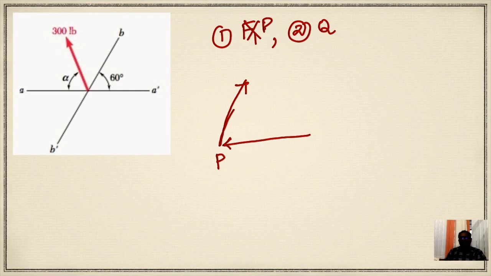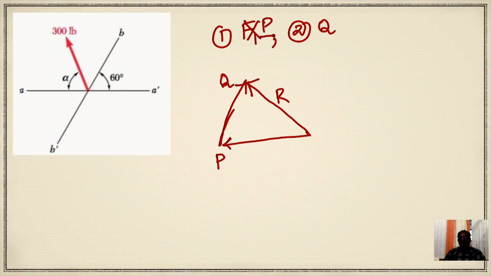I'll repeat, the P vector is going to remain unaltered, whereas the Q vector is placed such that its tail is on the head of the first vector. Now your resultant vector is very simple. It should have its tail with the tail of the first vector and its head on the head of the second vector. So this is how a triangle should be considered when you are going to use the sine law.